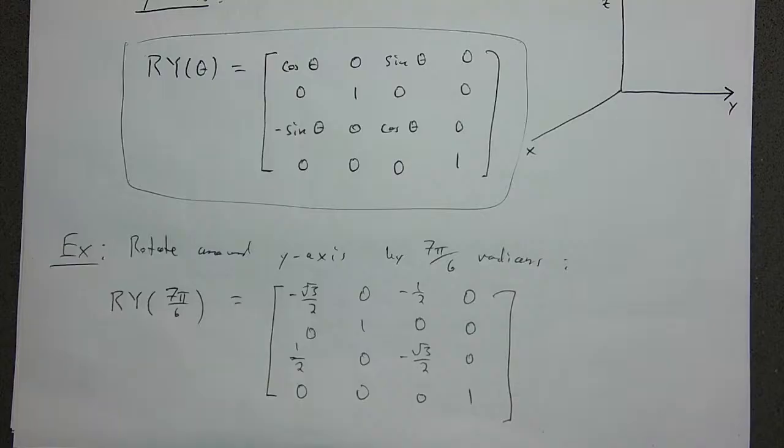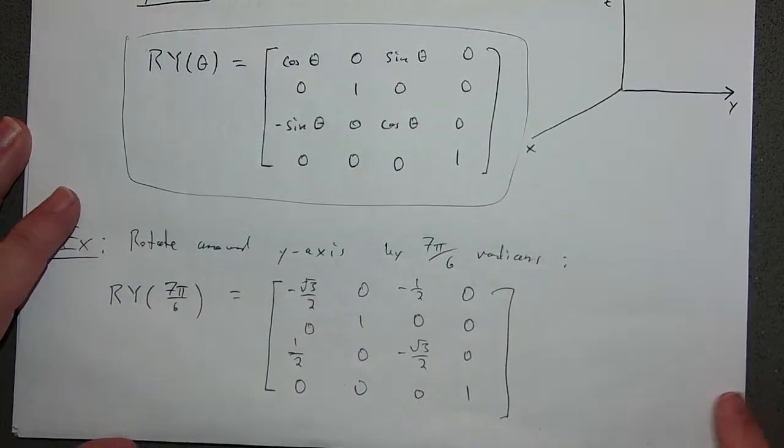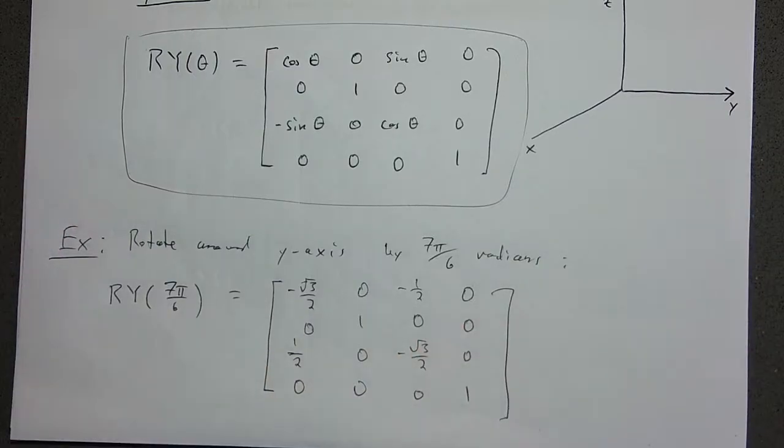So this is the matrix that I would use to rotate points around the y-axis. And recall, if I'm rotating a bunch of points or a bunch of vectors at once, I put those as columns in a matrix and apply this transformation to them so that I can do this for any number of points I wish.